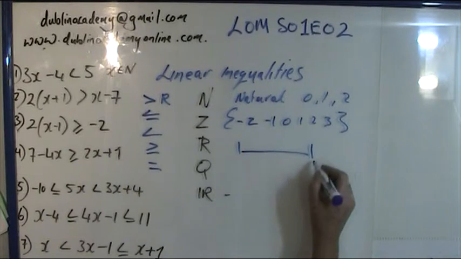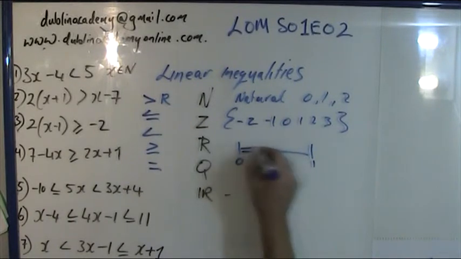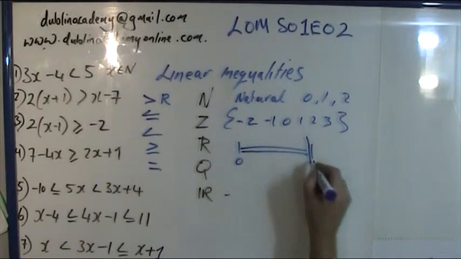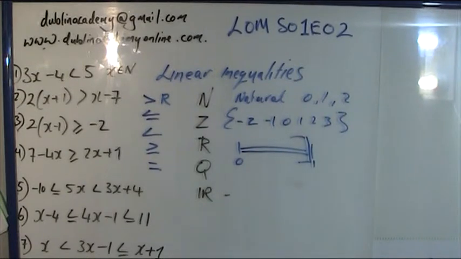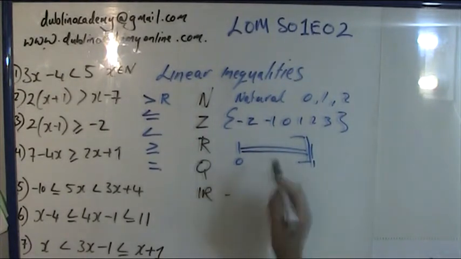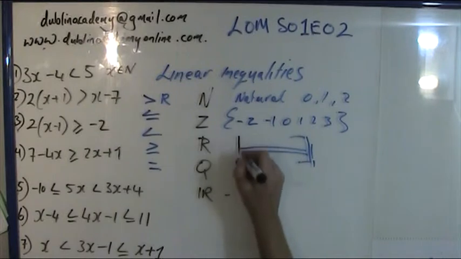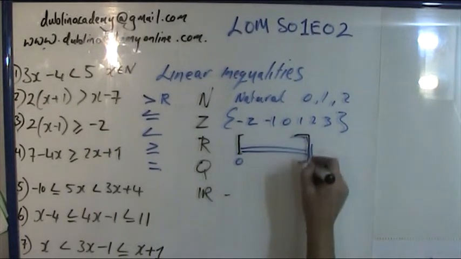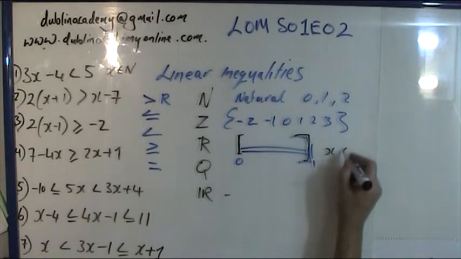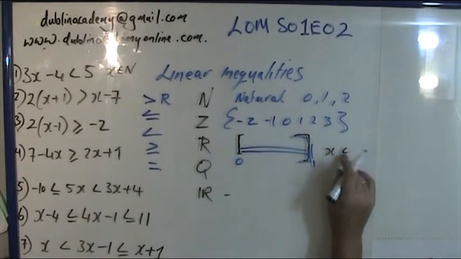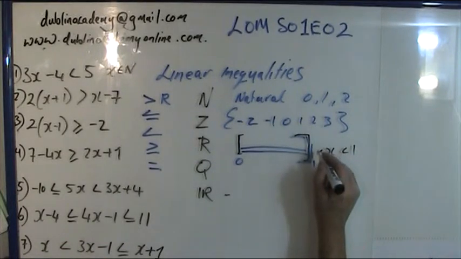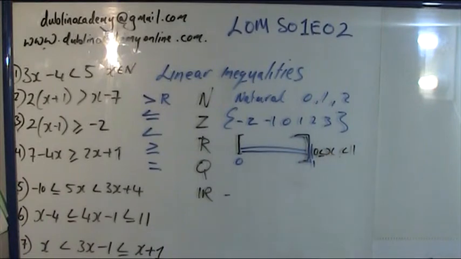If we have 1 here and 0 here, and R is less than 1 and greater than or equal to 0, you would include 0. So it would go something like this: x is less than 1 and greater than or equal to 0. Okay, so that's the definition of that set.